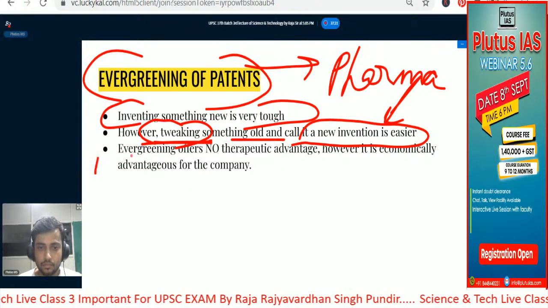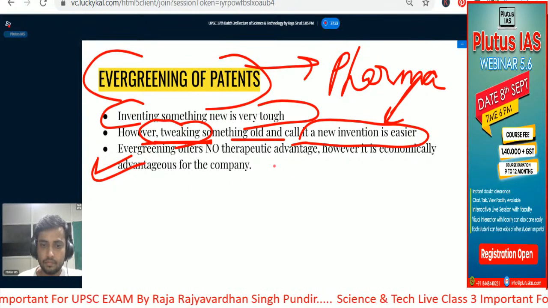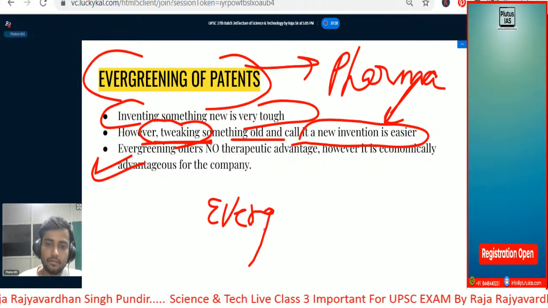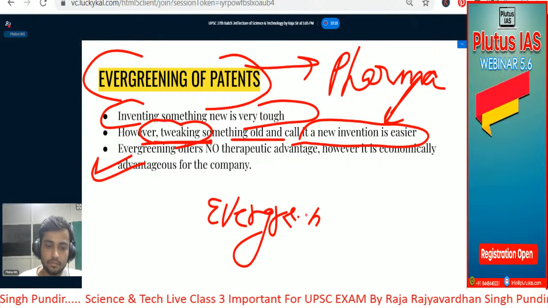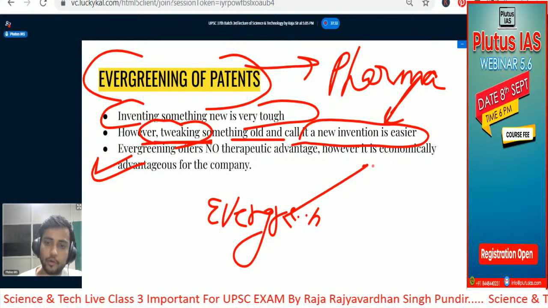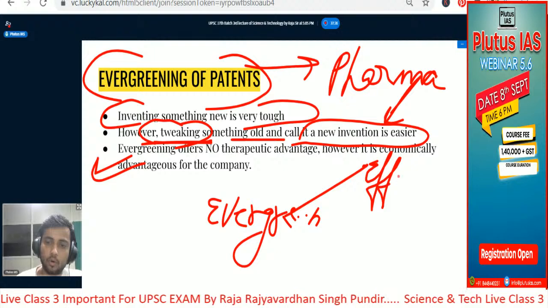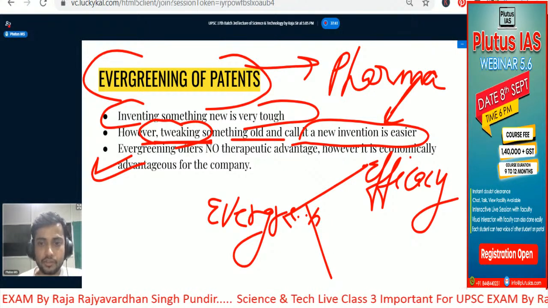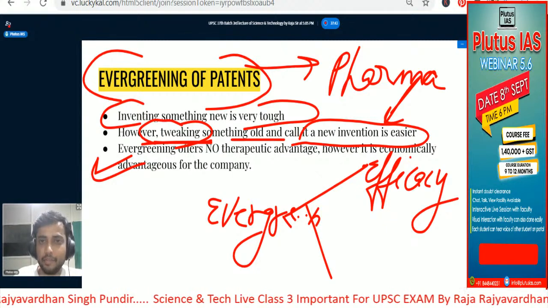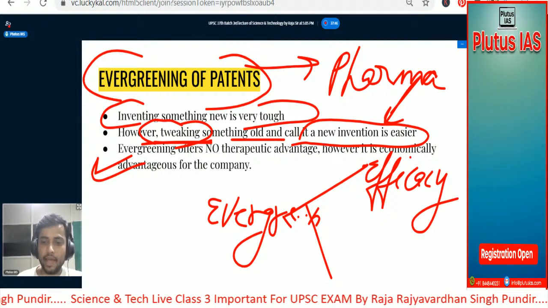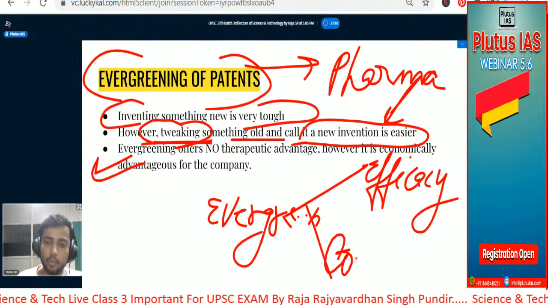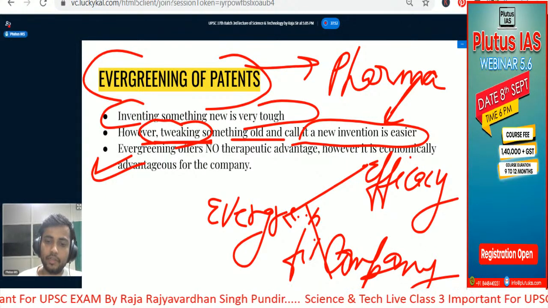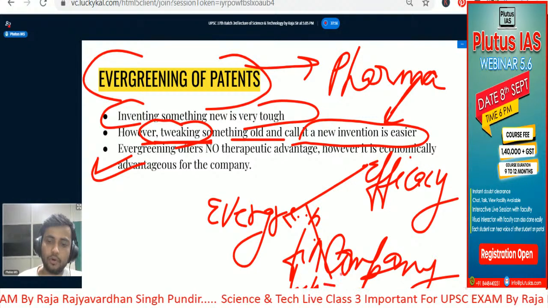So by way of evergreening, there is no therapeutic advantage. There is no increase in efficacy. In the case of the pharma industry, there is no increment in efficacy, no change at all, but the company will get economic benefits from evergreening, financial benefits, they will definitely get those.